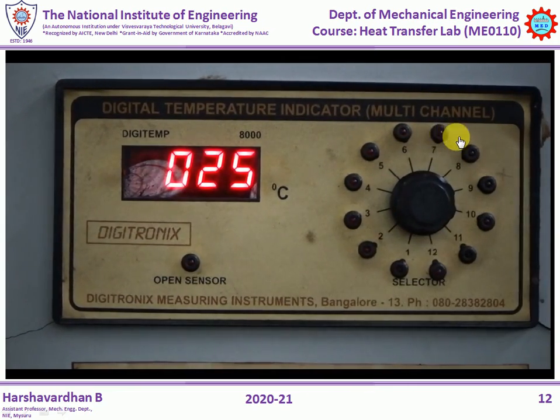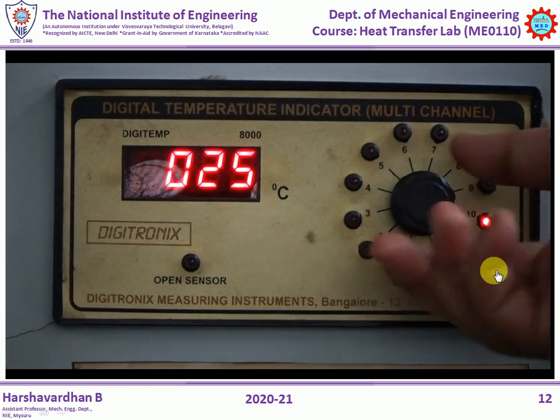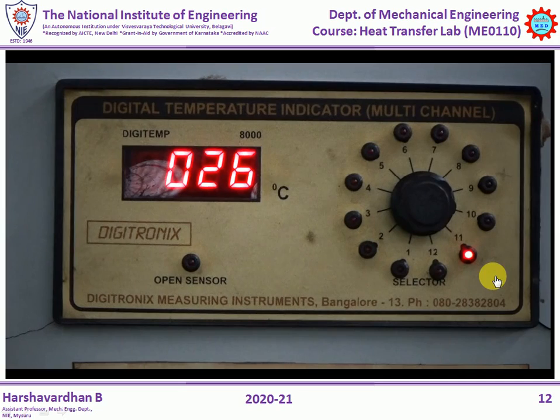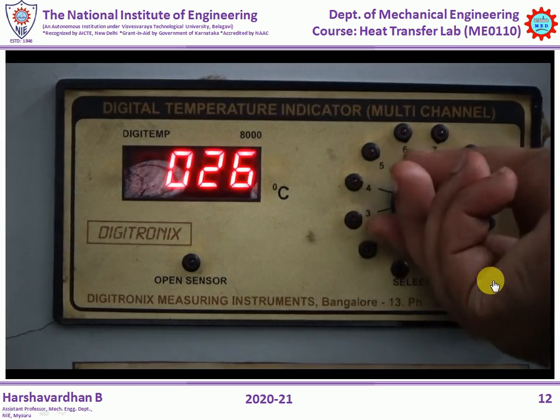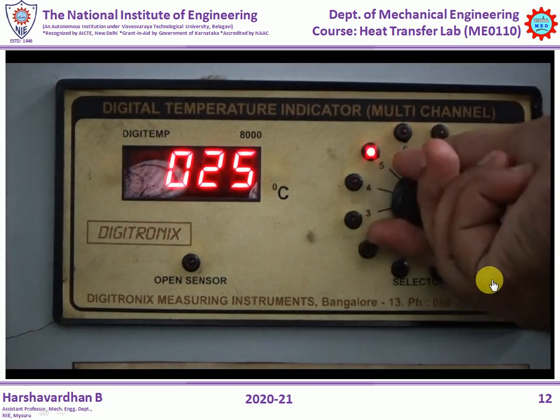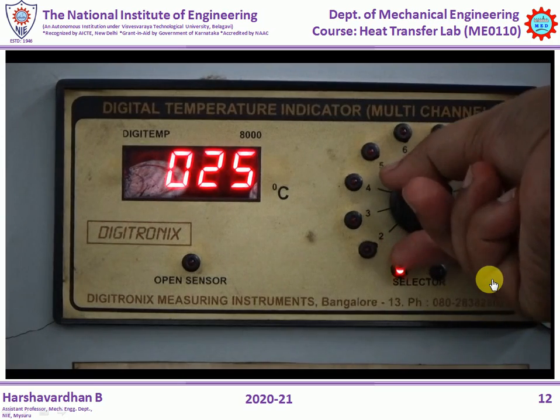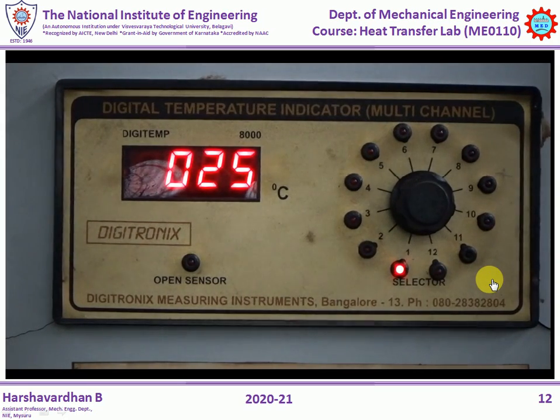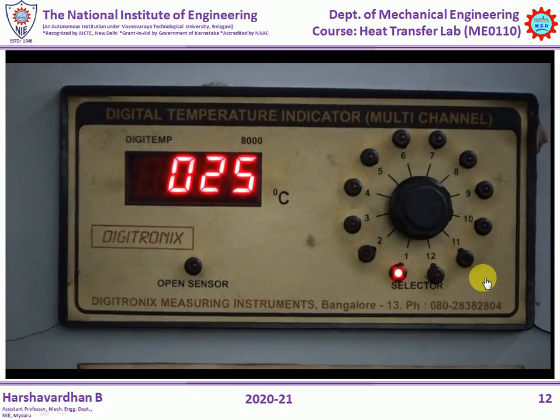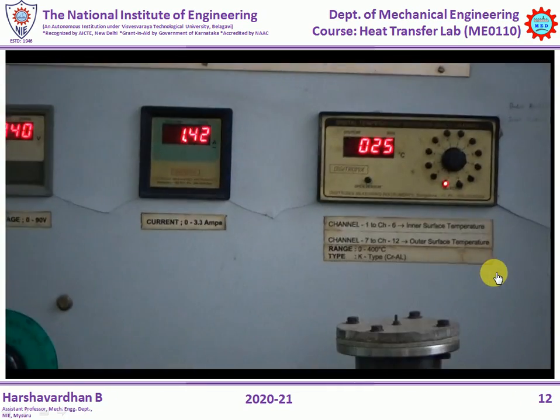Then T7 is 25, T8 is 25, T9 is 26 degrees centigrade. Then T10 is 25, T11 is 26 and T12 is 26 degrees centigrade. So this clearly indicates that when we start the experiment, all the thermocouples show nearly the same temperature of around 25 degrees centigrade, which represents the initial temperature of the spheres.